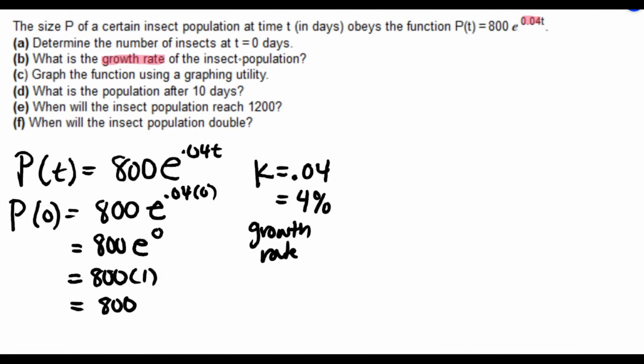Then it says, what is the population after 10 days? There are a few ways that we can work this out. We can do just like we did here, population at 0 days, where we substitute 10 into the equation. That's 800 e to the 0.04 times 10. We can type that in our calculator.